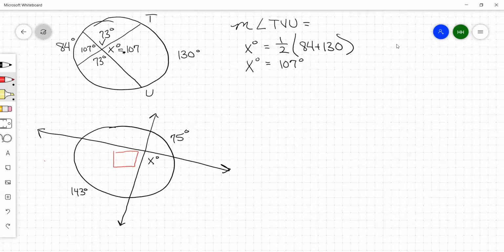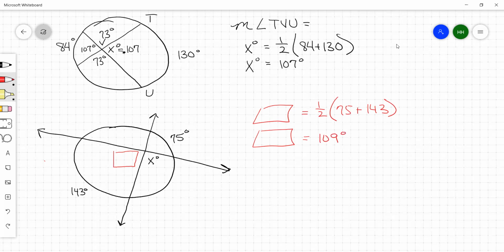Can't we say that that angle is equal to 1/2 of 75 plus 143? And that angle would be equal to 109 degrees. Now we did that first because that's the only thing we could find with the information given.